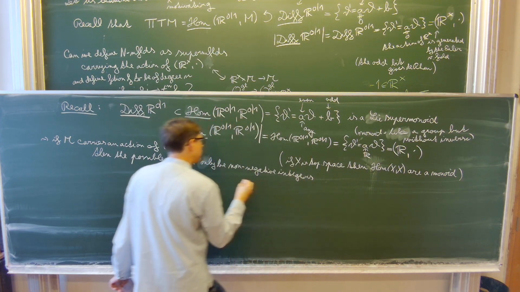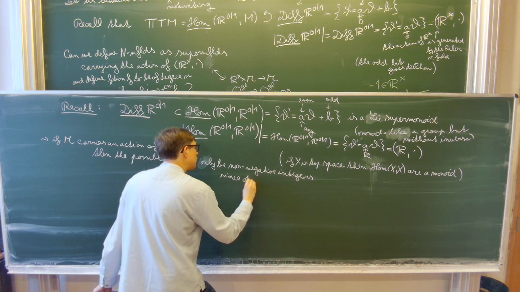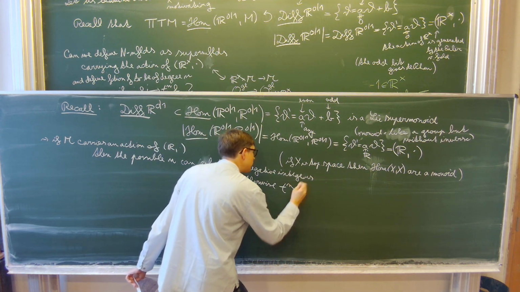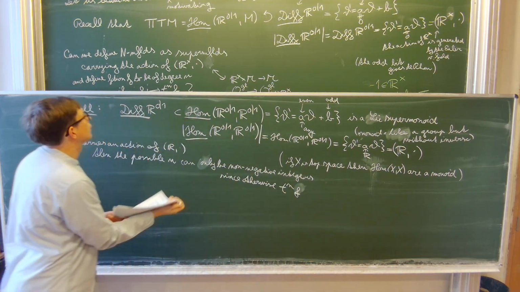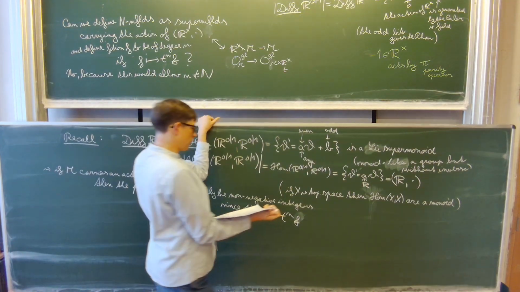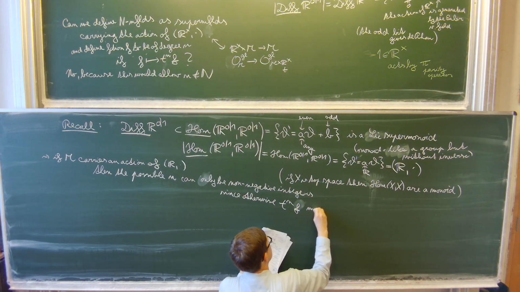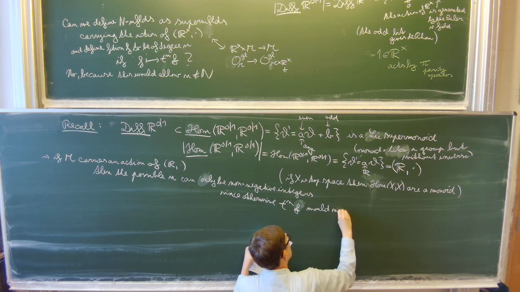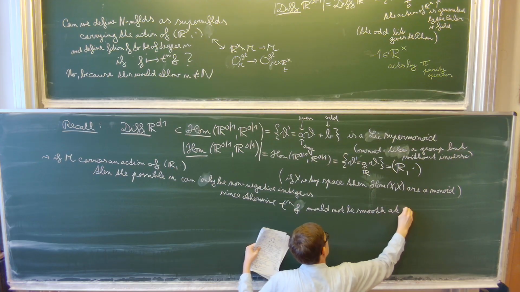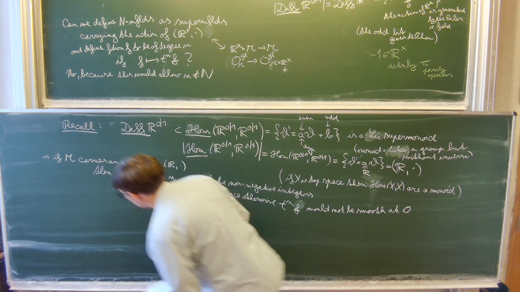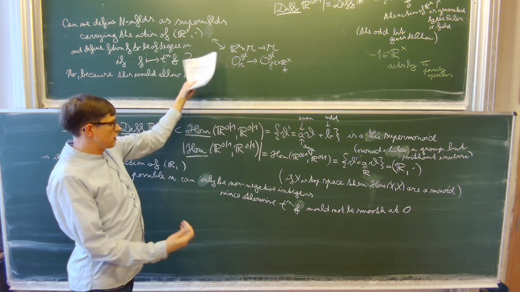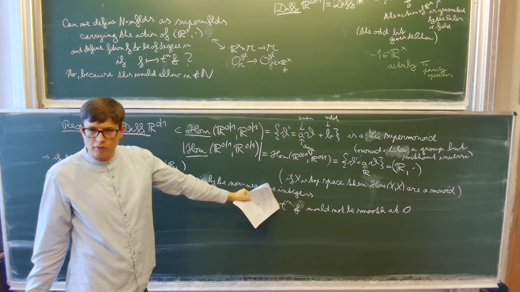And why is that? Since otherwise, this thing that we have on the right hand side, t^n times f, would not be a smooth function. It would not be smooth at 0. And you want this to be a map that goes from functions to functions, in this case smooth functions, and this thing is only smooth if n is a non-negative integer.